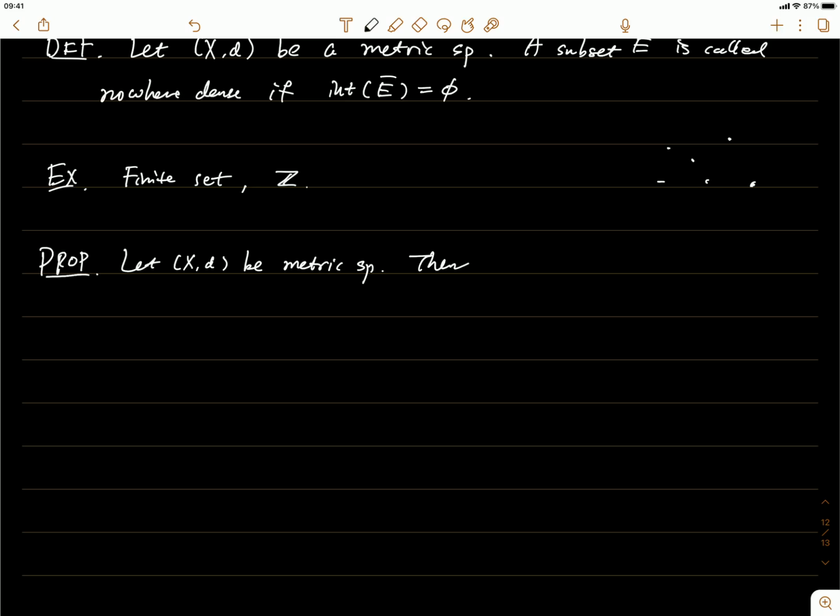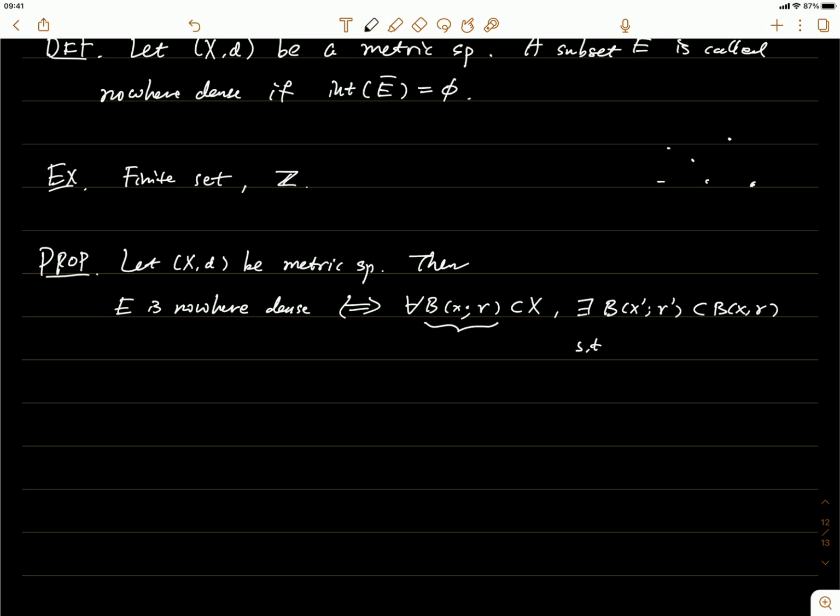Then E, a subset of X, is nowhere dense if and only if for any ball, the open ball centered at x with radius r, where x and r are arbitrary, there exists a ball inside this ball such that the closure of this open ball, taking an intersection with E bar, the closure of E, is empty.